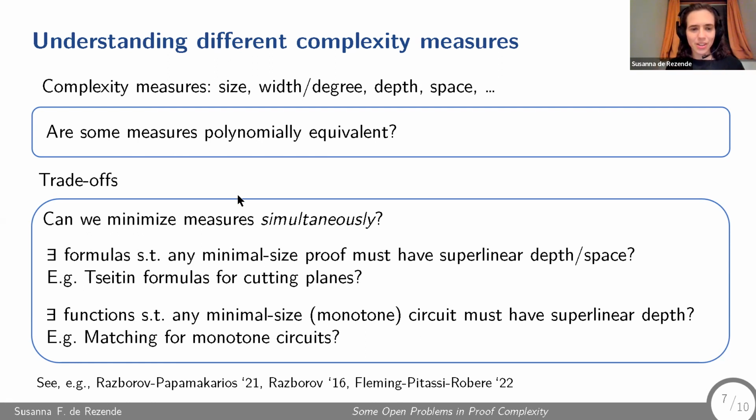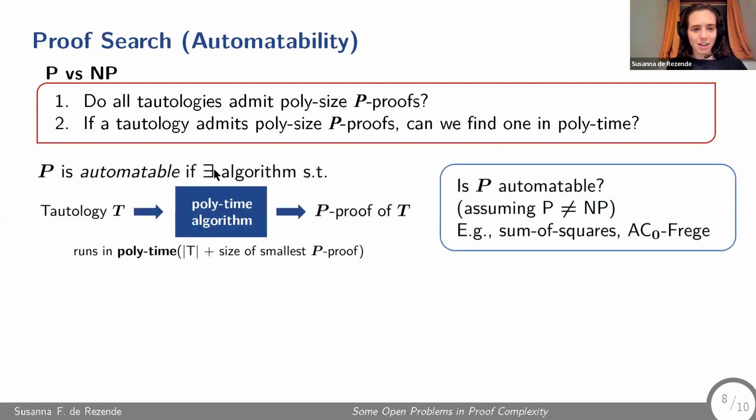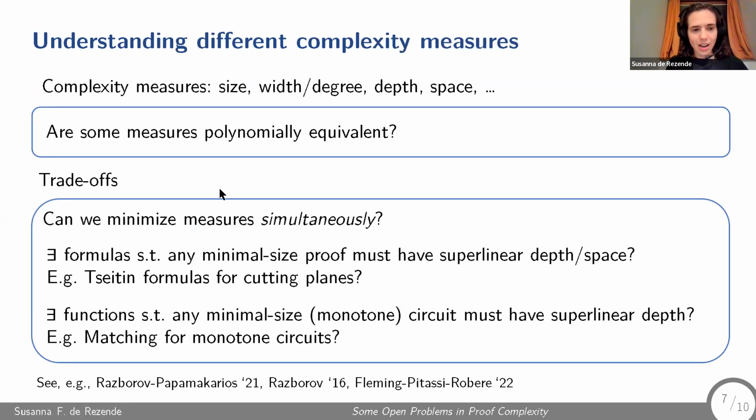And I think two very interesting questions here are, first, whether there exist formulas such that if we want a minimal size proof, it must have superlinear depth. In particular for cutting planes, a candidate formula would be Clique-Coloring. It was conjectured to be hard for cutting planes for several years, but recently a quasi-polynomial upper bound was shown.